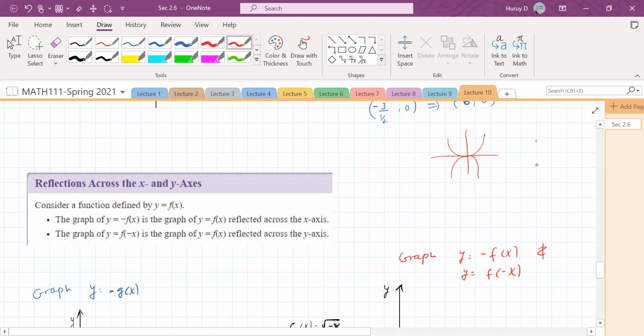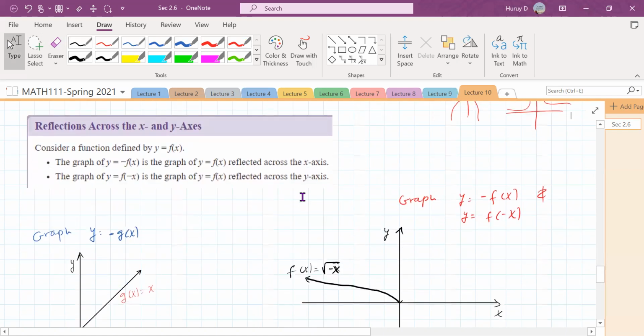Or you can use the y-axis as a mirror, and the image of this one becomes this one. That's what we mean by reflection along the x-axis and the y-axis.